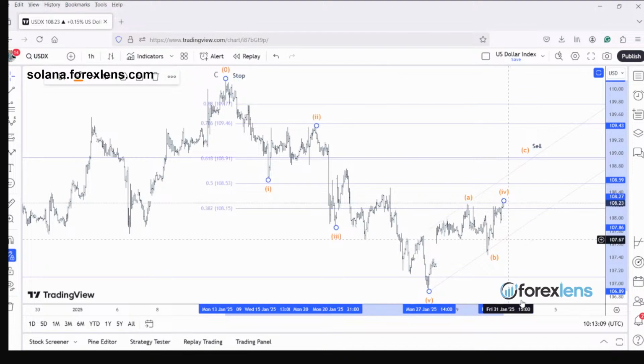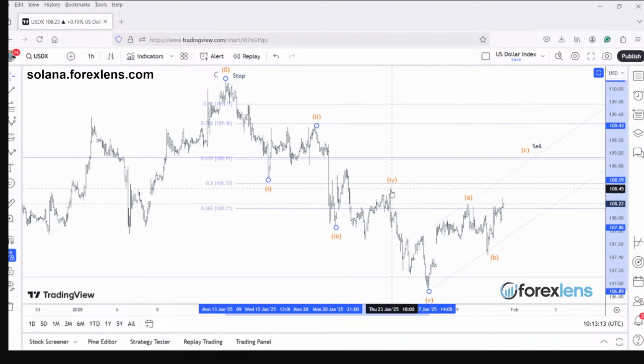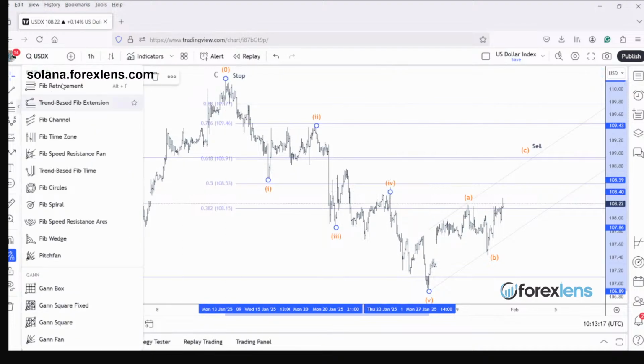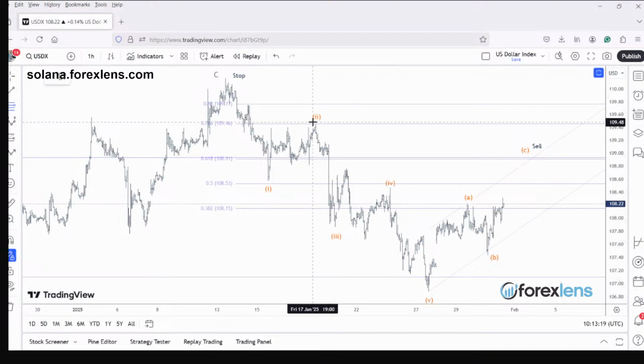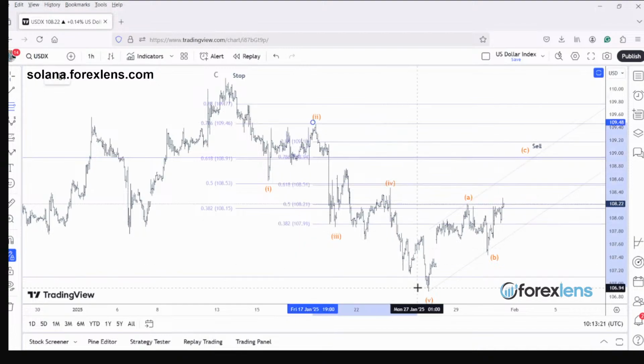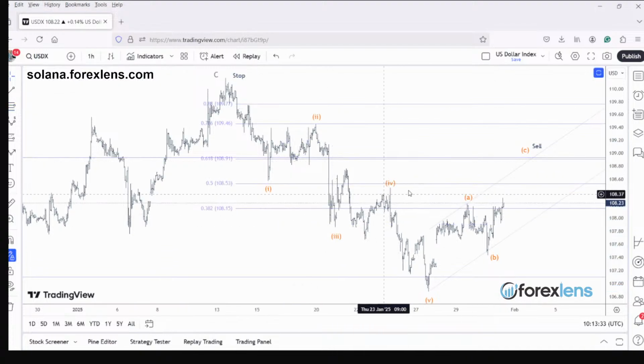That means we are going to see one more wave lower, and it is quite possible because wave 4 normally converges around the 38.2% of wave 3. Now, if I take a retracement of the entire drop, then it is just above that 38.2%. It's coming around the 50% Fibonacci ratio. And it's also very close to the previous wave 4 of one lesser degree.